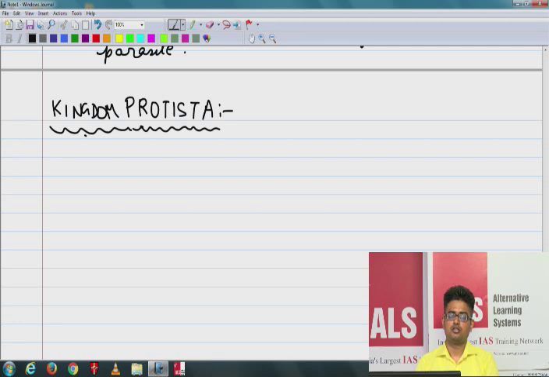Up till now, what we have studied were the unicellular prokaryotic organisms. Now, the organisms that are there are the unicellular eukaryotic organisms.